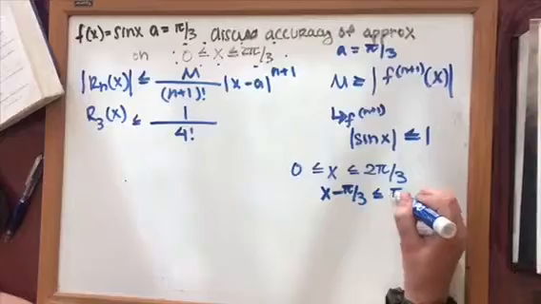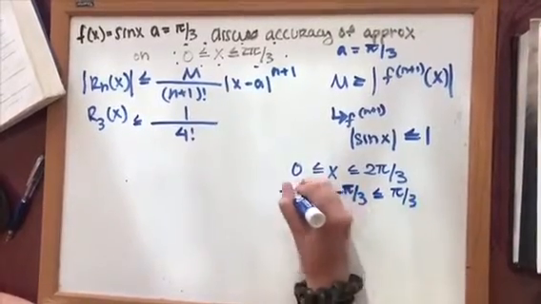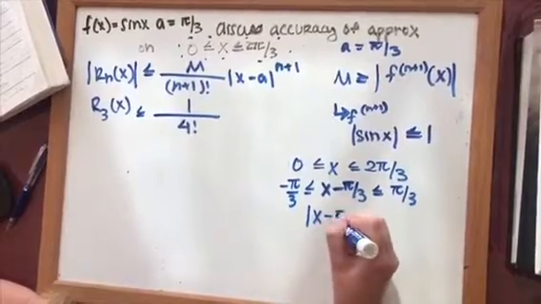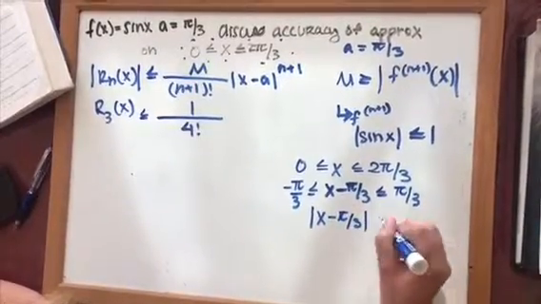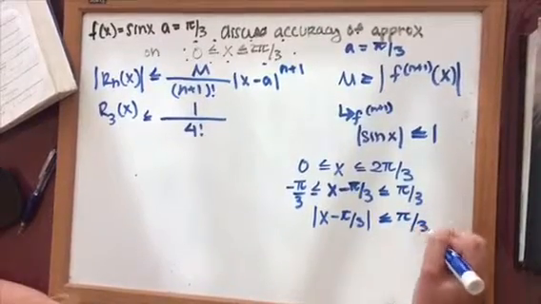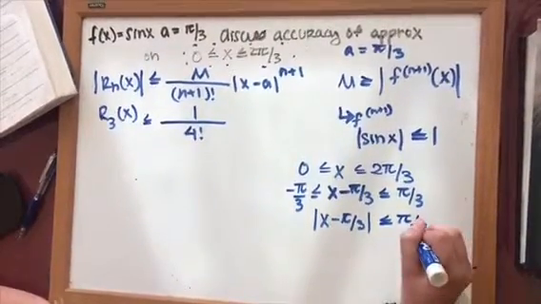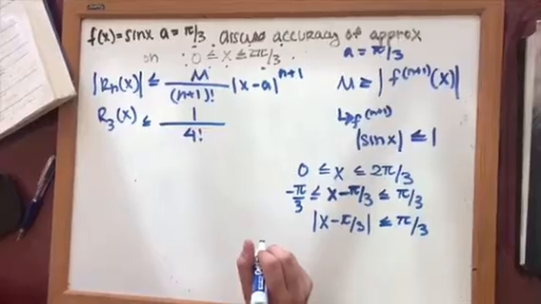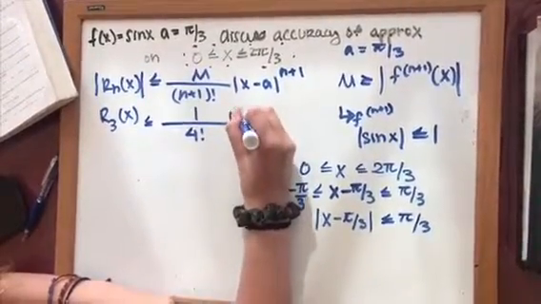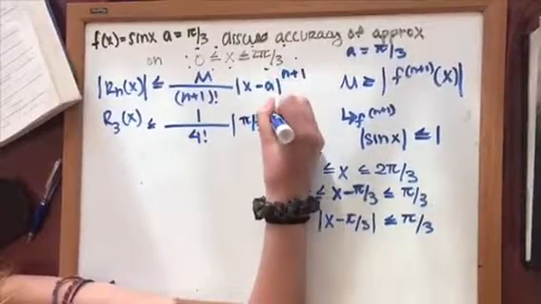So this is going to be negative pi over 3 on one side and pi over 3 on the other. And this is the same thing as saying the absolute value of x minus pi over 3 is less than or equal to pi over 3. So we can just plug in pi over 3 right here. So we'll say pi over 3 to the 4th power.